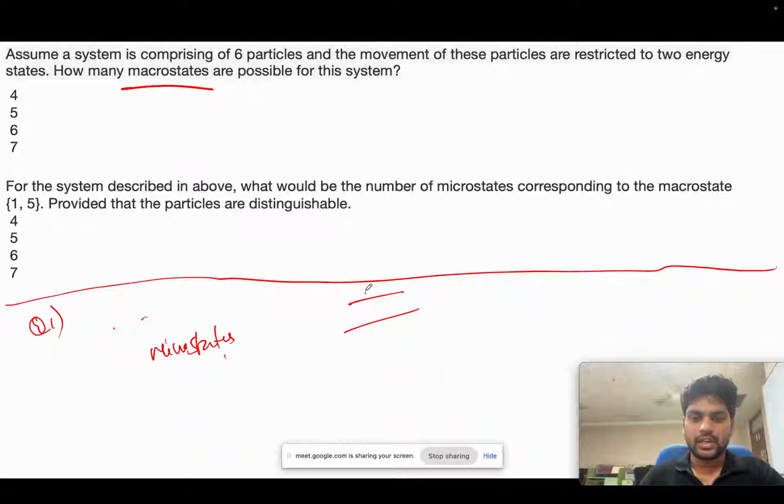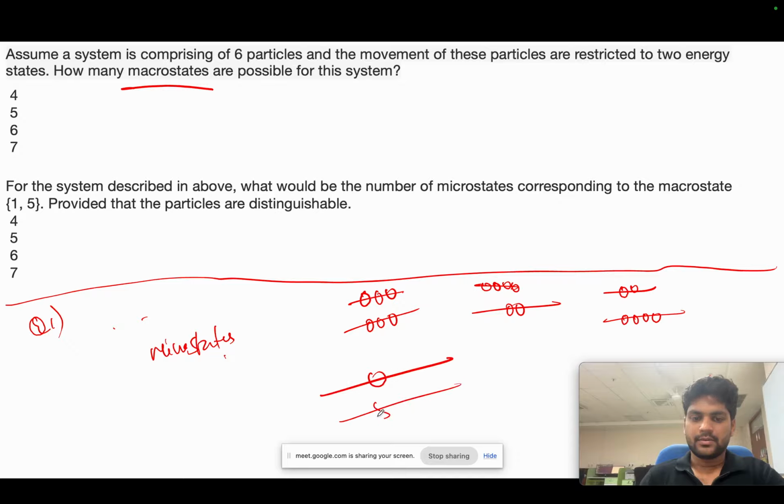So it means you can have 3, 3, or say 4, 2, or 2, 4, or 1, 5, or 5, 1. Is there any other option?